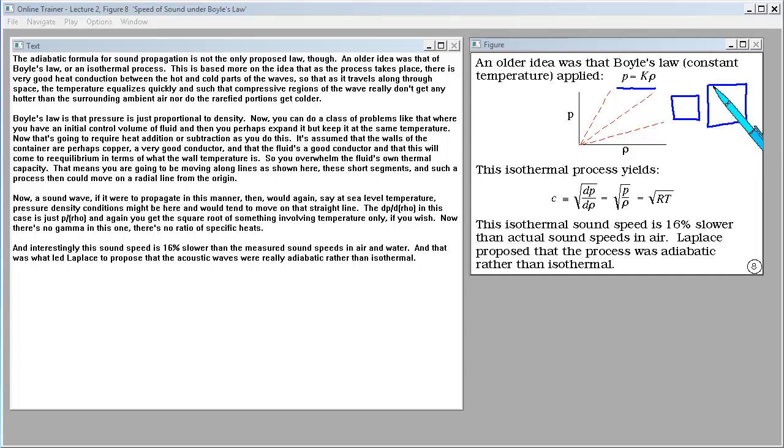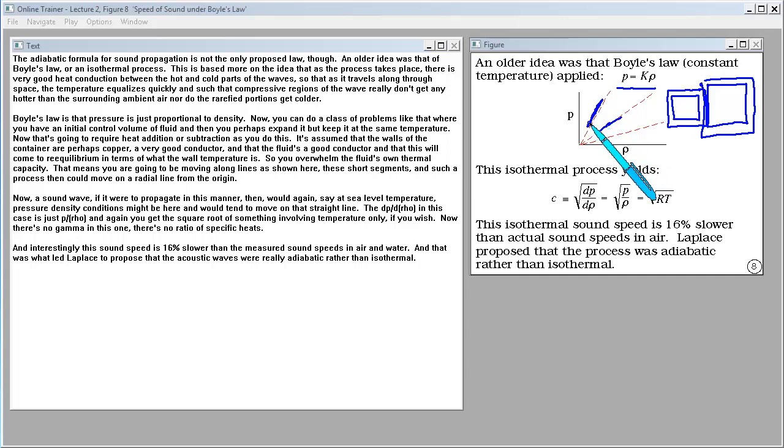It's assumed that the walls of the container are perhaps copper, a very good conductor, and that the fluid's a good conductor, and that this will come to a re-equilibrium in terms of what the wall temperature is. So you kind of overwhelm the fluid's own thermal capacity. That means you're going to be moving along lines as shown here, these short segments. And such a process then could move on a radial line from the origin.